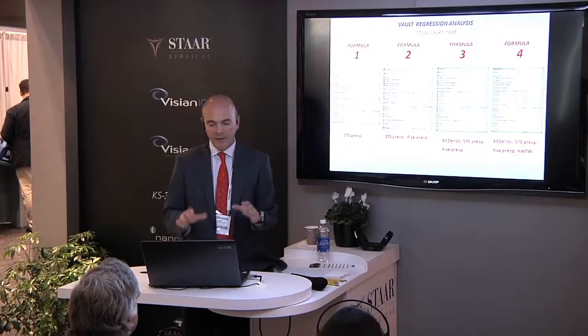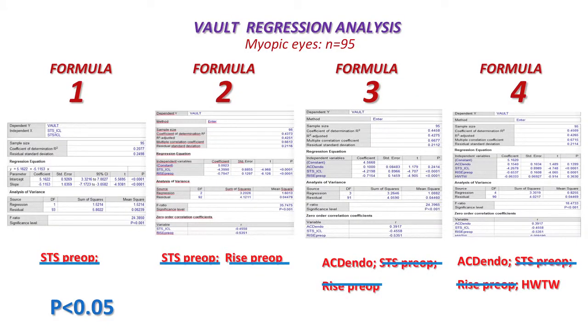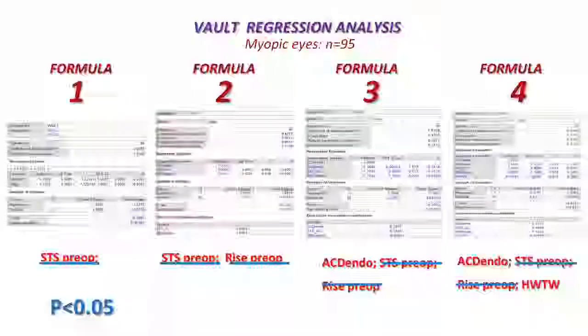And we did a regression analysis, and I tried 4 different formulas, depending on how many variables I used as predicting variables. So you can see here just the sulcus to sulcus, here adding the rise, here adding the ACD, and here adding the white to white distance. And we found that the statistical significance was for these variables.